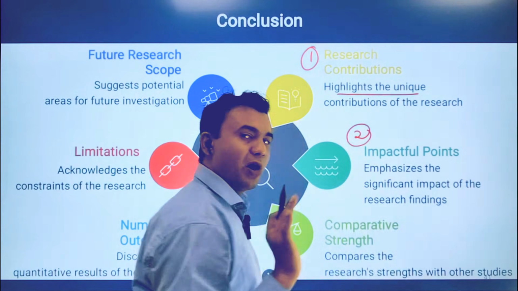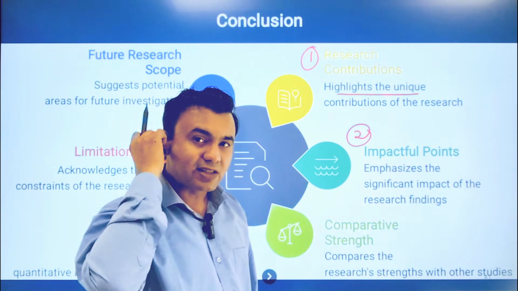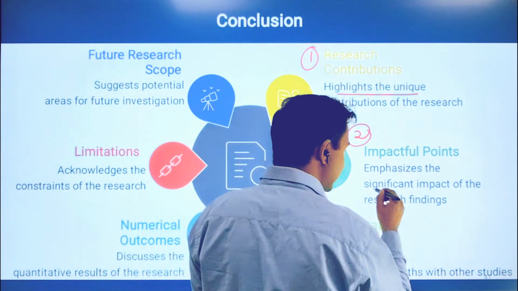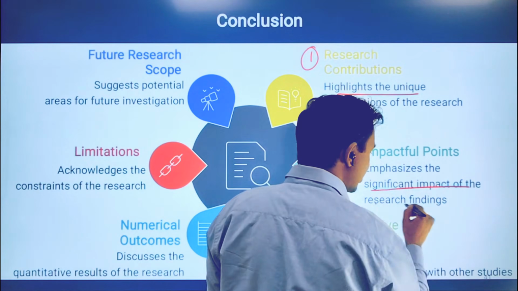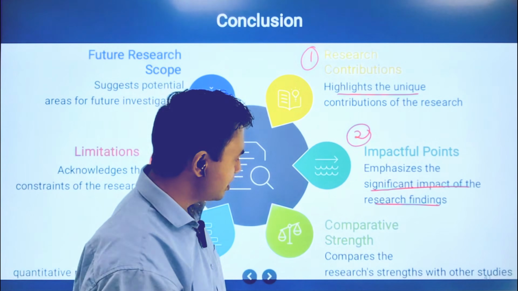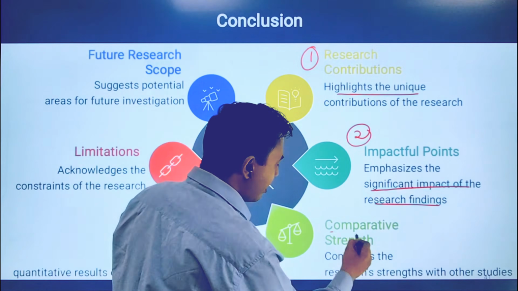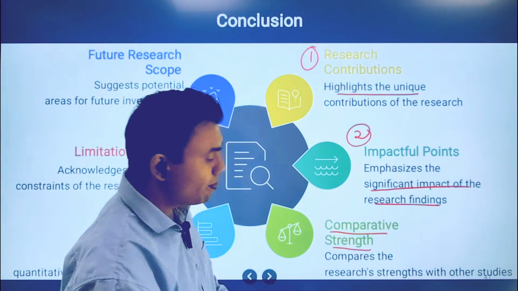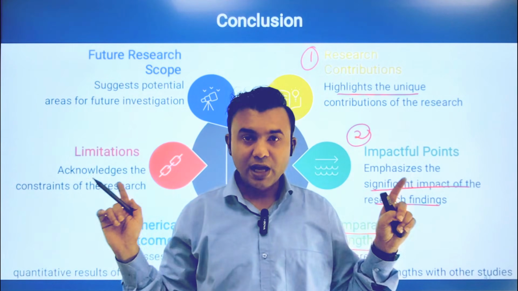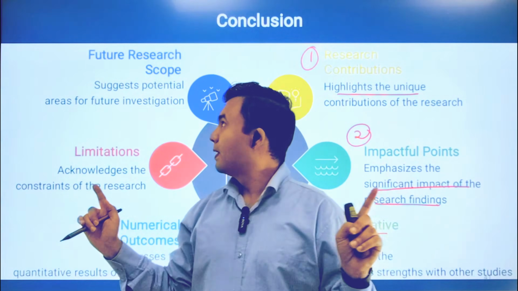Give the impactful points. Do not lose them, because that's the only thing sometimes people read at the end. Emphasize the significant impact of your research findings, and provide the comparative strength, how you are better than others, right?